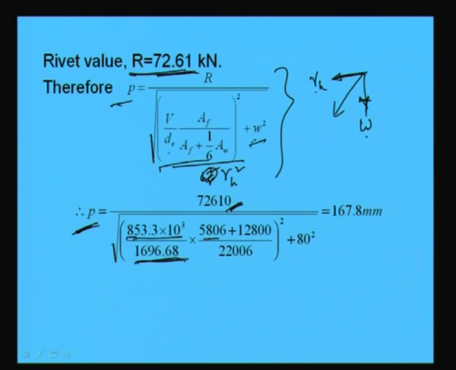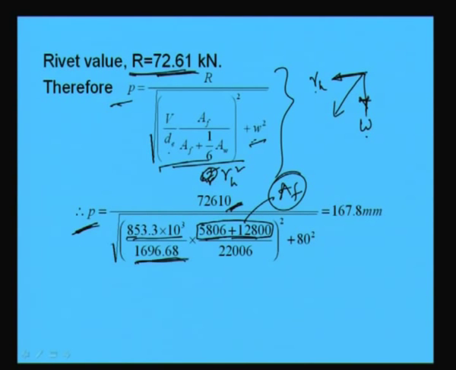into this 5860 plus 12800, that is AF, total area, right. Area will become the plate area and the flange area, basically the total flange area, whatever flanges are there, 5806 plus 12800, right, AF by AF plus 1 by 6 AW.